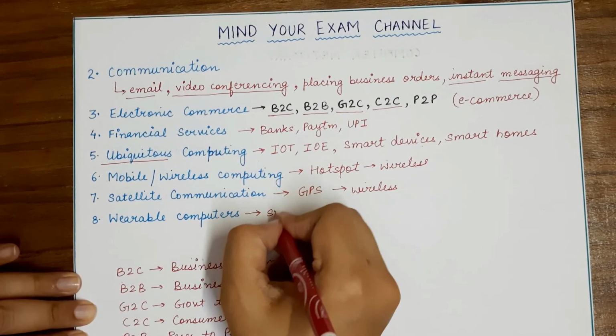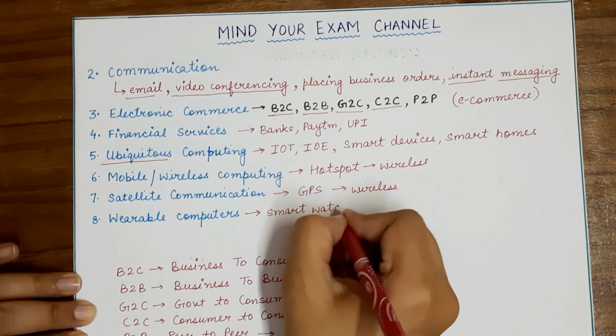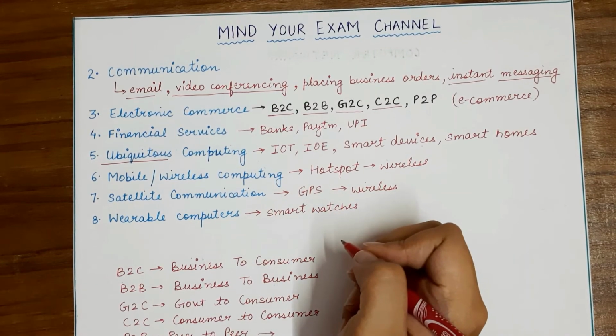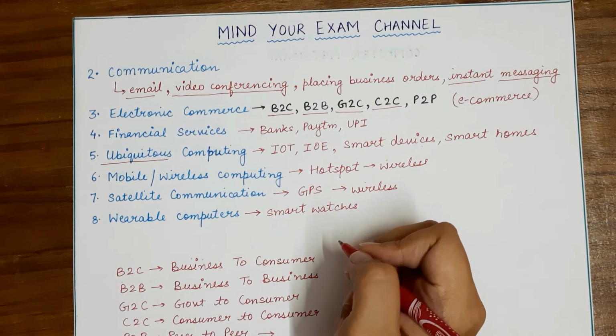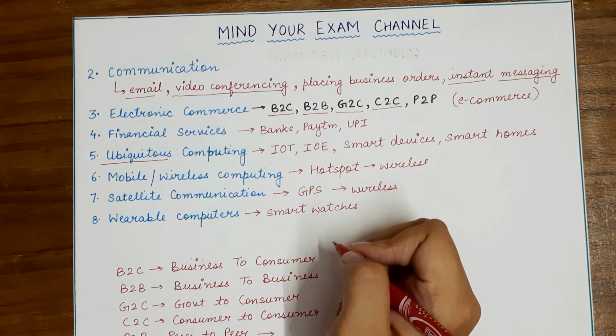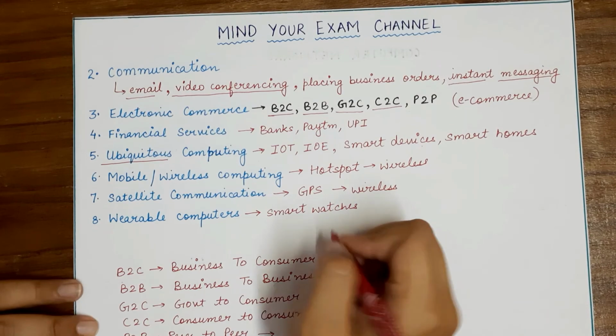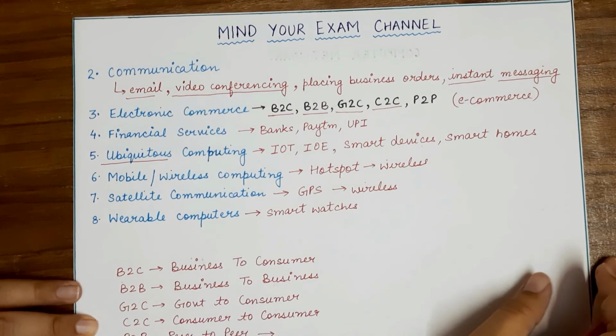Here come smart watches. In the near future, smart watches will be able to send your health information, your sleep information, your heart rate, your pulse rate to your physician, and they can automatically send you an updated prescription. So these are all the uses of computer networks.